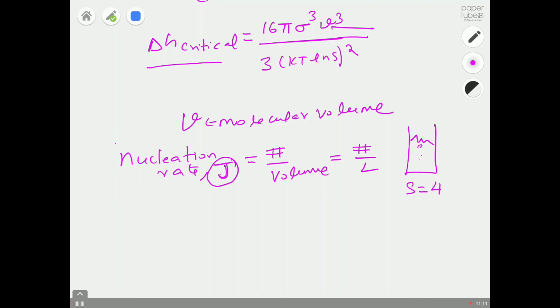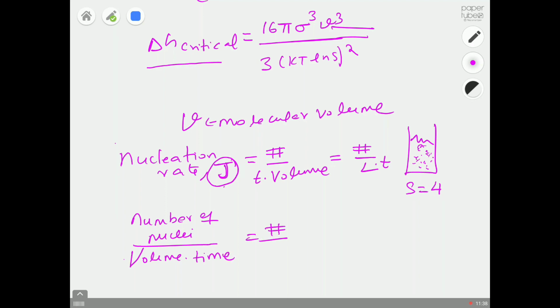Imagine it suddenly nucleated, which means you will have millions and millions of crystals. So J is nothing but the number of nuclei formed per unit volume of solution, per unit time. So this is some number per liter per second, something like that.